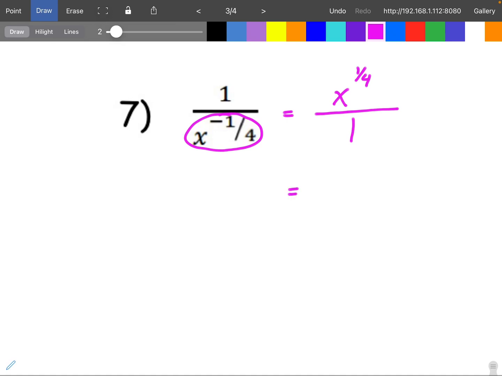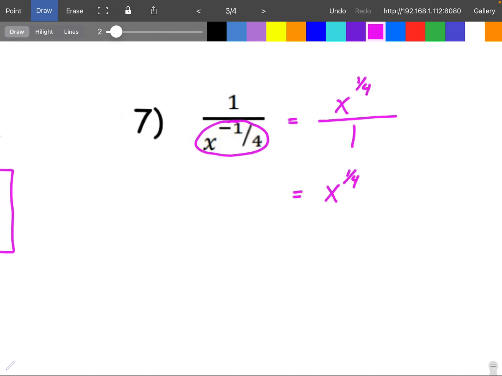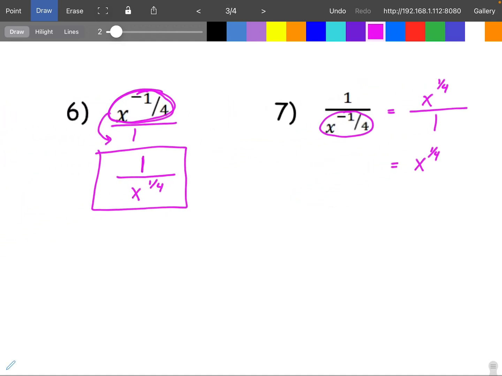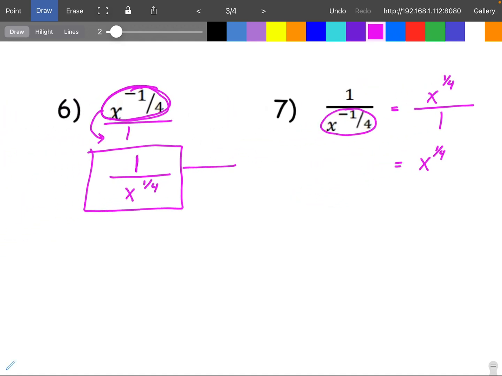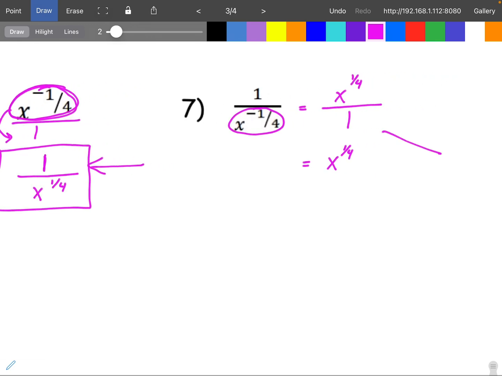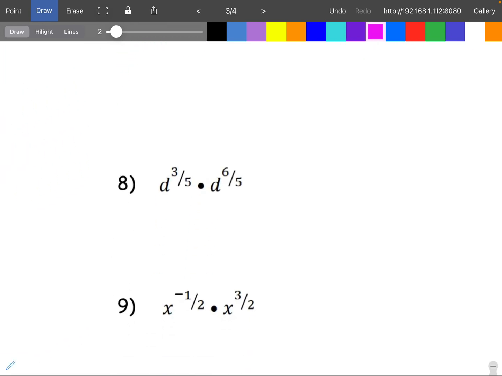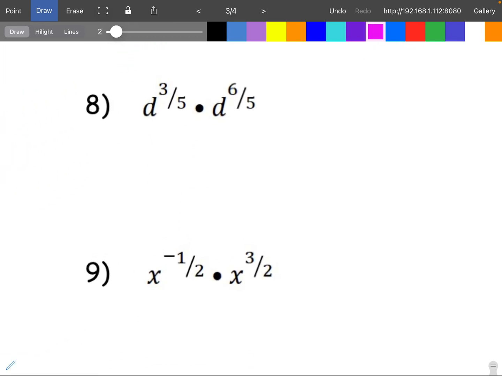And in that case, the 1 isn't really needed, so it's just going to be x to the 1/4 power. So be very careful with what we talked about in chapter 5. When you have the 1 on top, you must have it. It's important. When you have the 1 on the bottom, not needed. You can just write it like this. Alrighty. Few more to go.